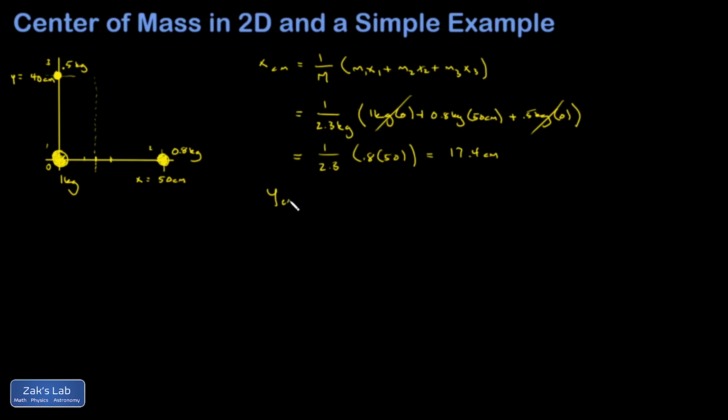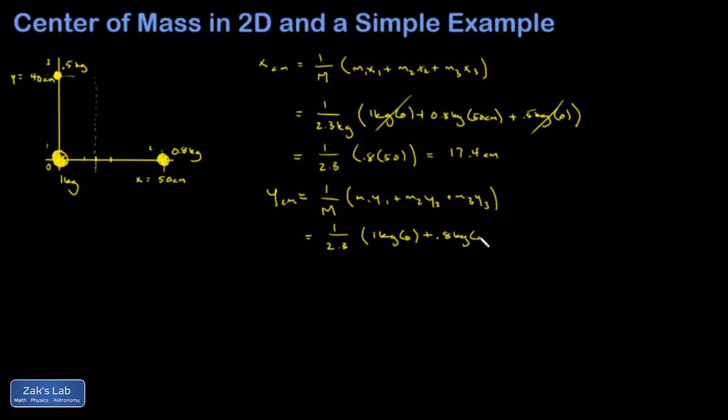Now my y center of mass: 1 over the total mass, m1y1 plus m2y2 plus m3y3. And again, my total mass is 2.3. M1 is 1 kilogram, but it has a y-coordinate of 0. M2 is 0.8 kilograms.